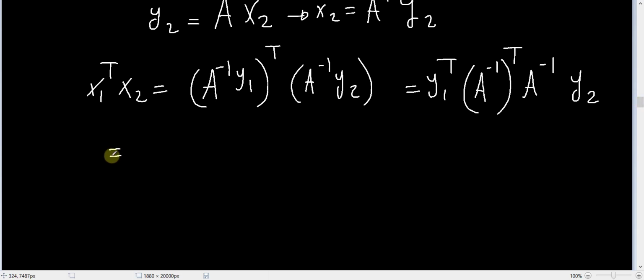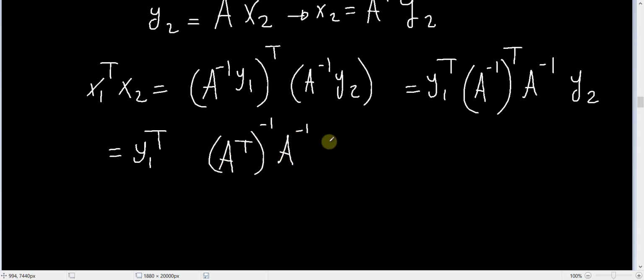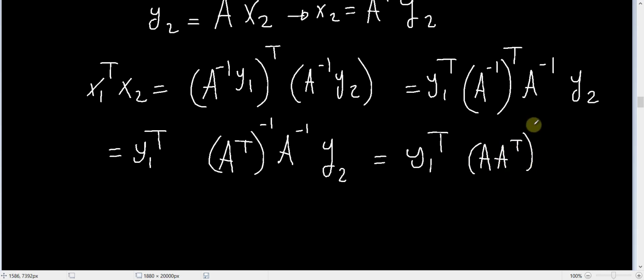This is again equal to y1 transposed (A transposed)^-1 A^-1 multiplied by y2, and this is equal to y1 transposed (A A transposed)^-1 multiplied by y2.